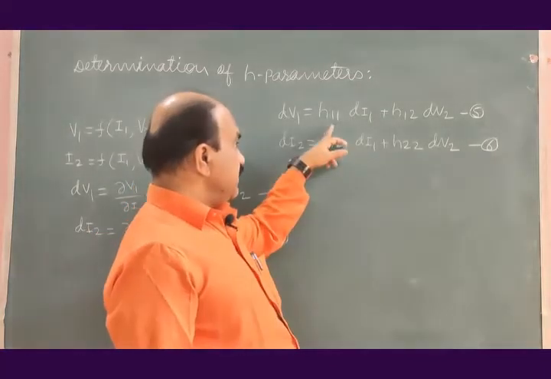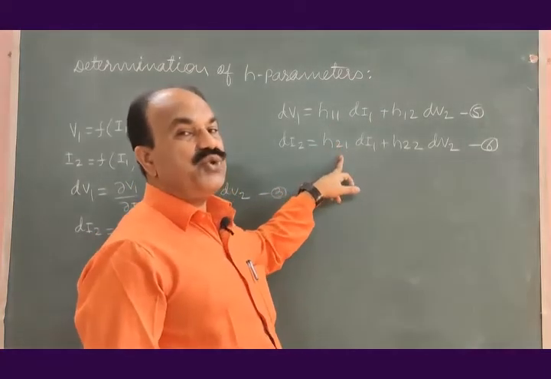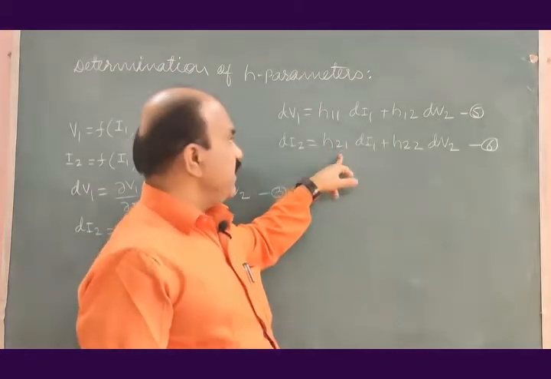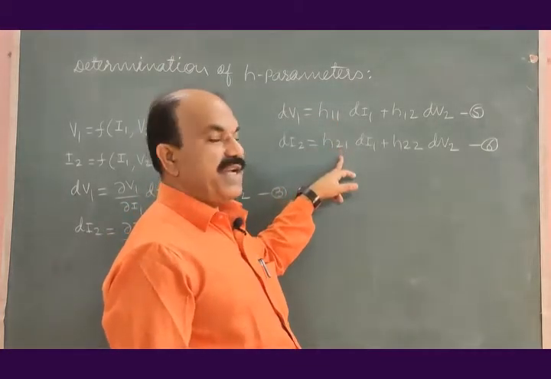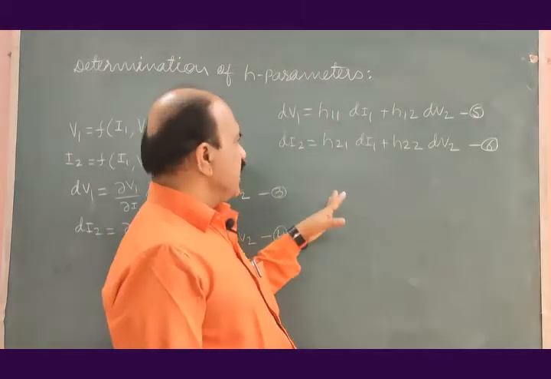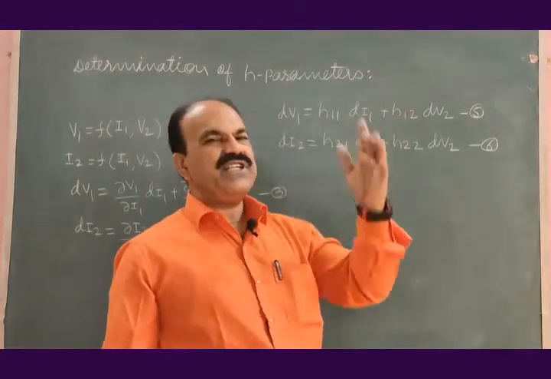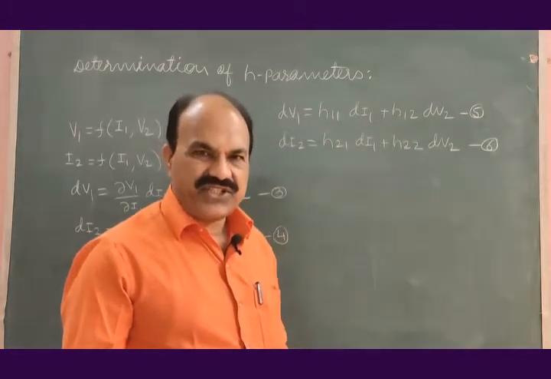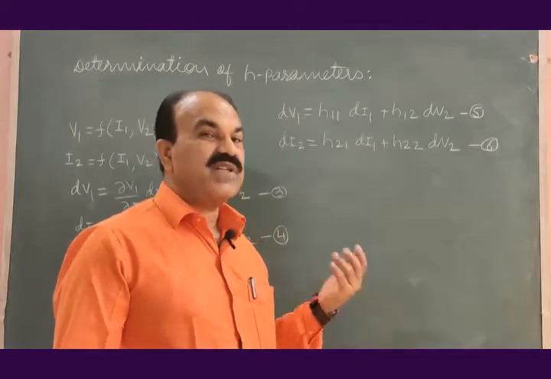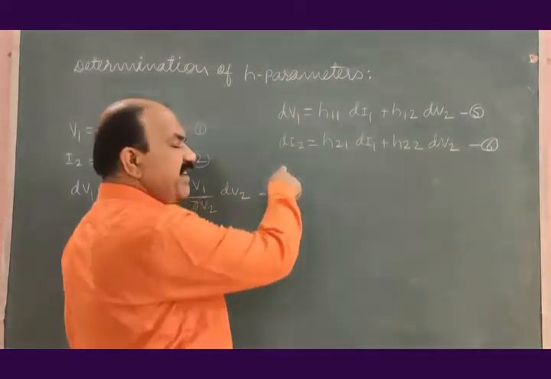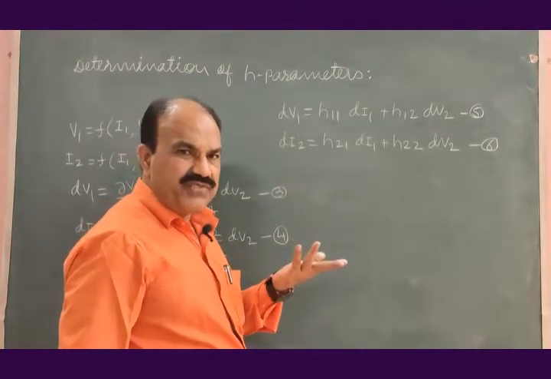To find H11 and H21, before that, as this equation is written for linear characteristics where the slopes are constants, dV1 is a voltage V1.